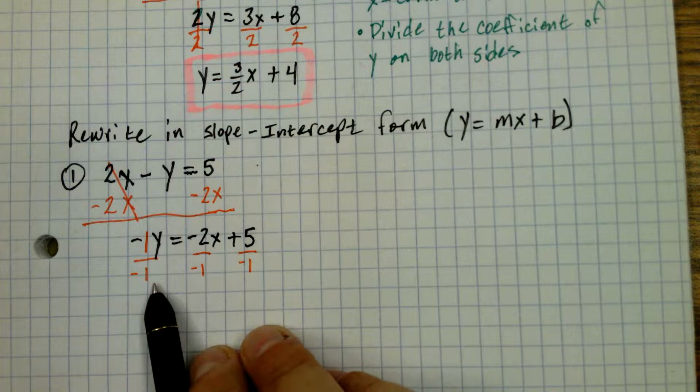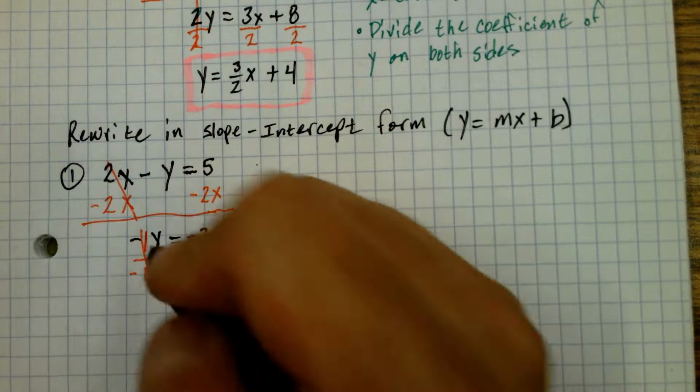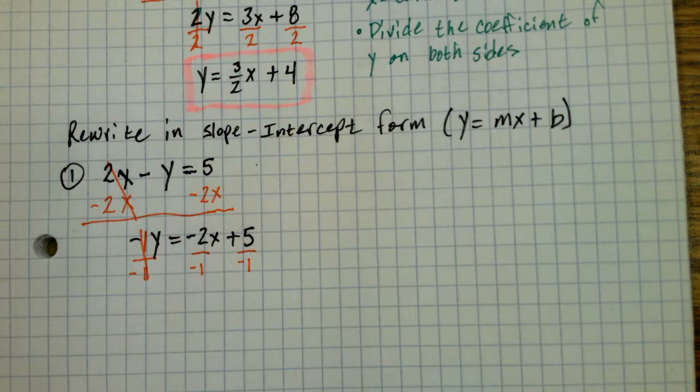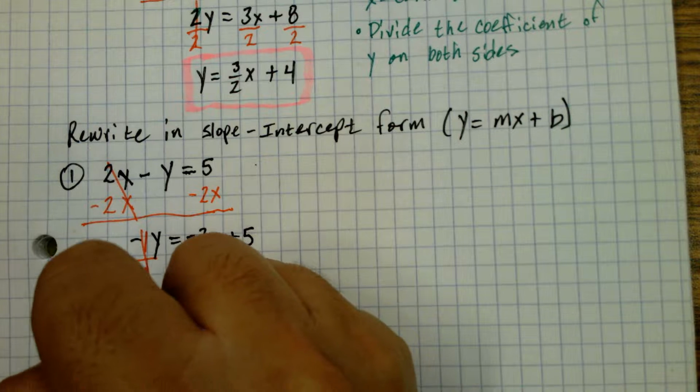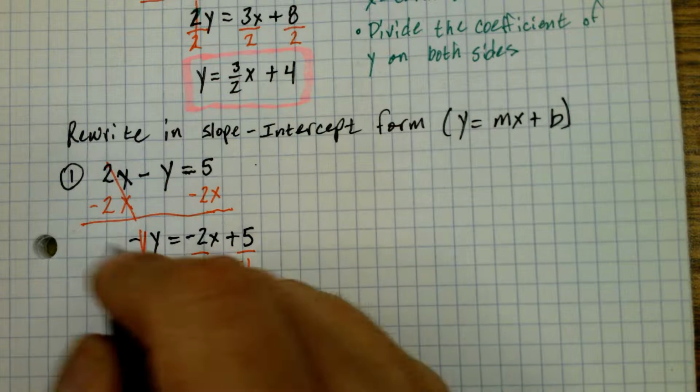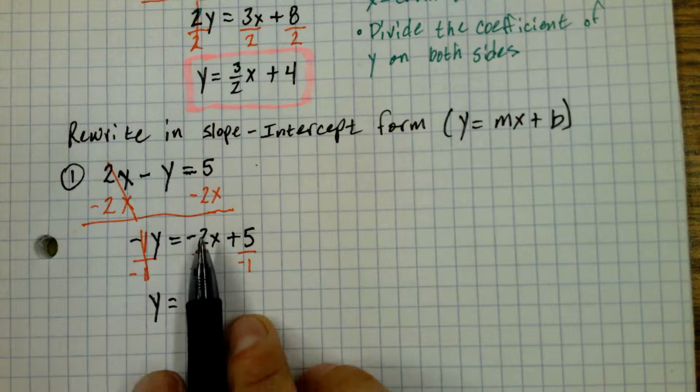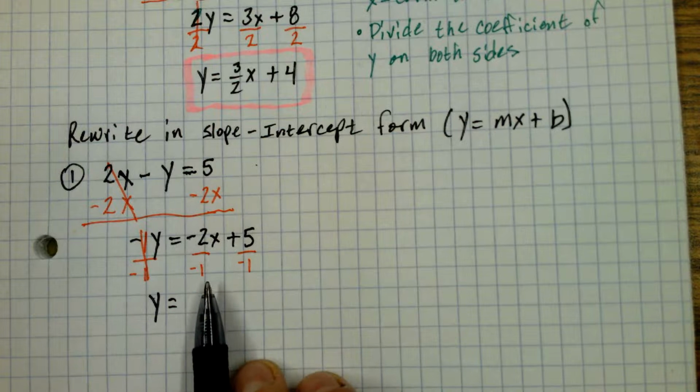What's negative 1 divided by negative 1? 1. And 1y is just y. When you divide by the identical thing, it becomes 1. We don't need to show the 1, it's just y. Okay. What's negative 2 divided by negative 1?